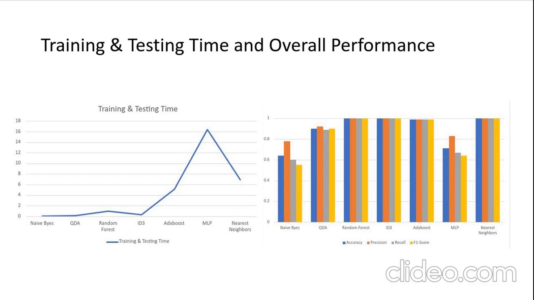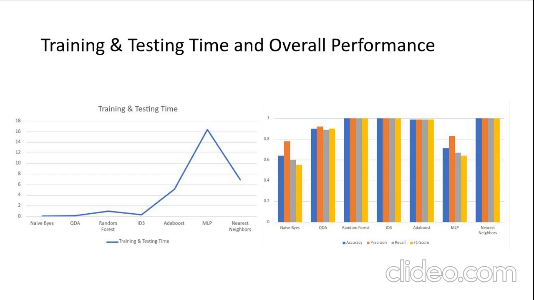AdaBoost, MLP, and nearest neighbor exhibit longer durations, with AdaBoost taking the most time. These time measurements are also crucial for evaluating algorithm efficiency and resource consumption when implementing them for real-time network attack detection.